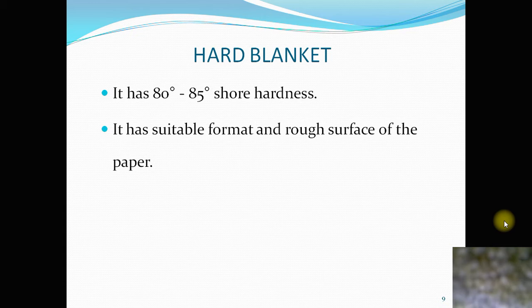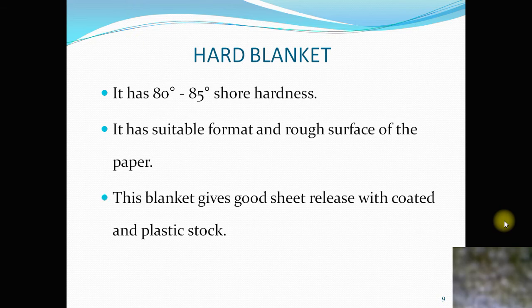It has a suitable format and a rough surface of the paper. This blanket gives good sheet release with coated and plastic stock. So for coated papers and plastic stock, it has a good sheet release characteristic.